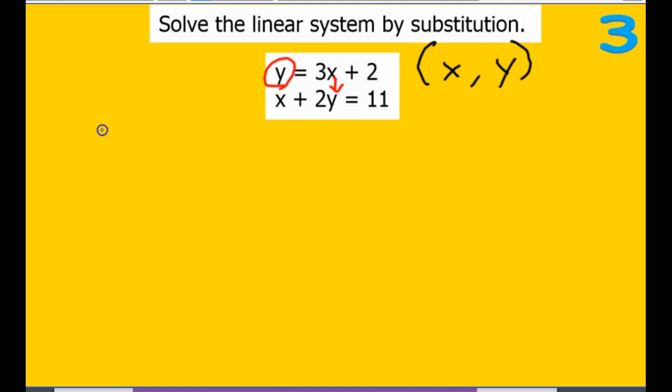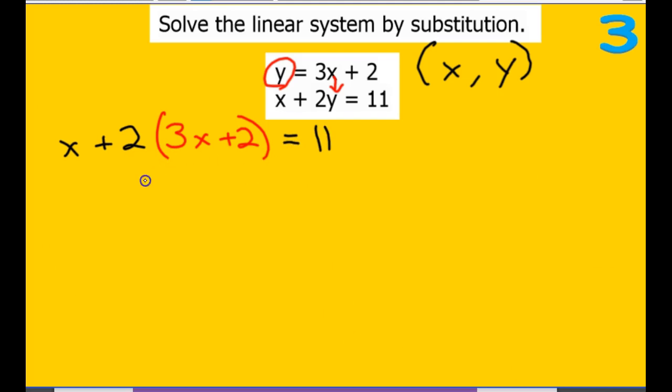So our problem then is going to look like x plus 2 times 3x plus 2 equals 11.